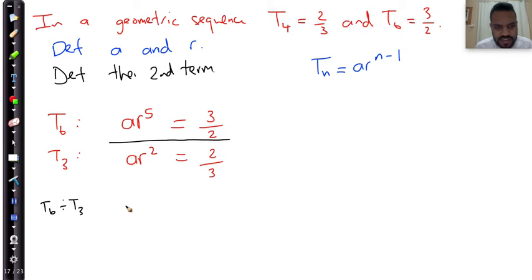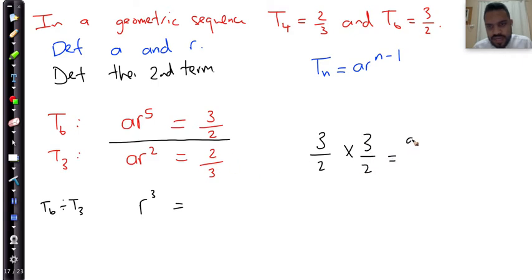So I don't even need to write it down. R to the power of 5 divided by R to the power of 2 is just R to the power of 3. And that is equal to 3 over 2 divided by 2 over 3. So let's just divide that fraction. 3 over 2 divided by 2 over 3, which means you multiply by the reciprocal of this, which is 3 over 2. And that's going to give me 9 over 4. Okay, R cubed is 9 over 4.